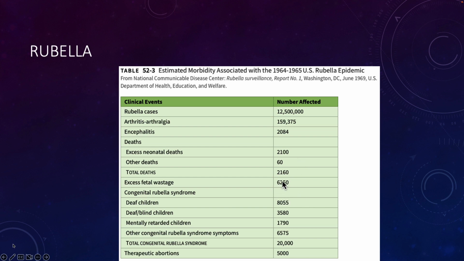These are miscarriages. We also look down here, about 5,000 therapeutic abortions. So these are patients who discovered that their children were basically not going to be viable after birth and decided to have an abortion instead of delivering a child that was going to die anyway.